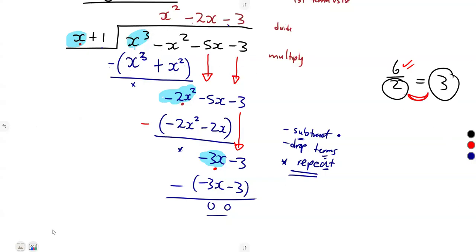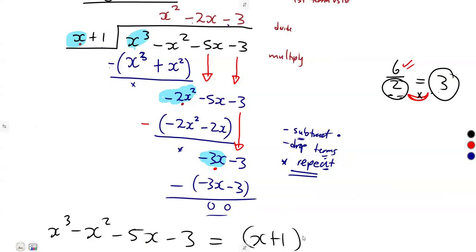So in our case, this part that we're having is the same as our 6, what is dividing. So it follows that x cubed minus x squared minus 5x minus 3 is equal to, just like 6. 6 is equal to what? 2 times 3. What we use to divide, which is what? Our factor x plus 1. And what we obtained after dividing, just like 6 divided by 2, you get a 3.